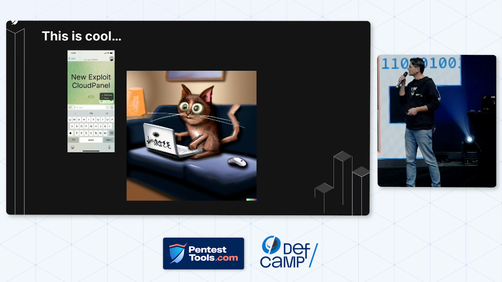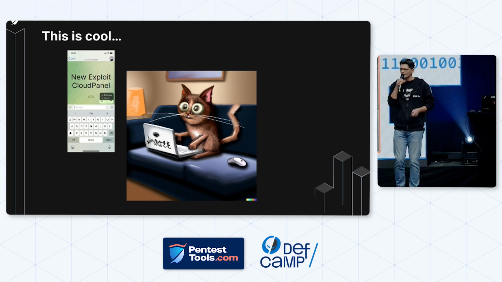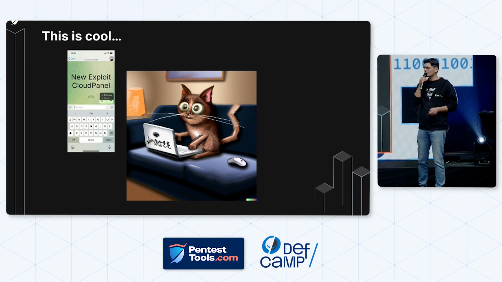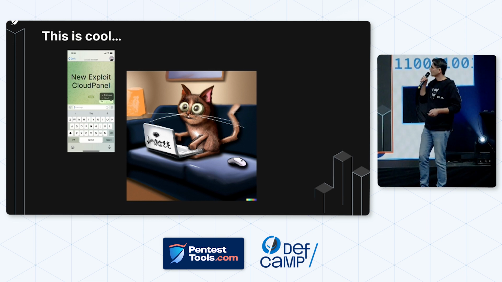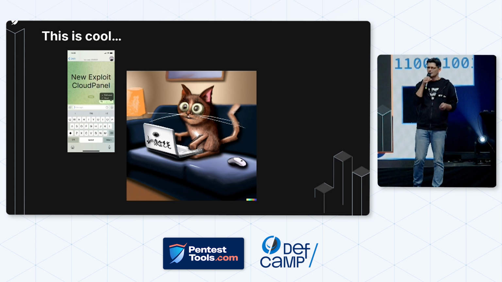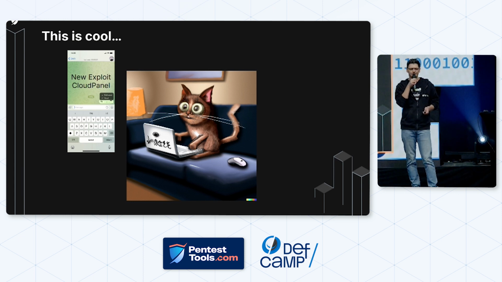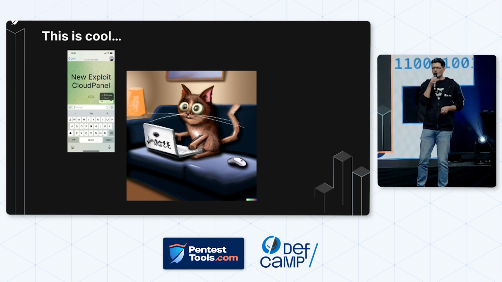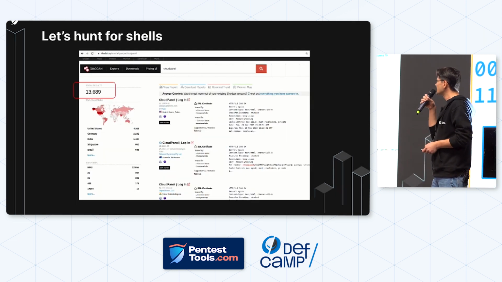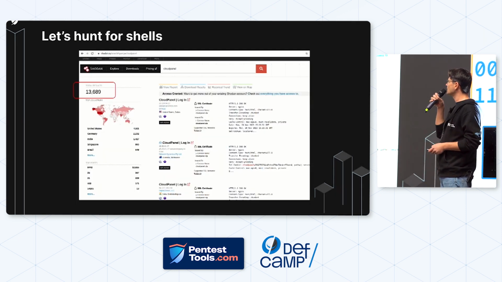And at some point on its Telegram channel, it found out about a fresh new exploit, which affected the software called Cloud Panel, and which allowed everybody to gain shell on this server with root access very easily. And now what does this kitten do? Let's start hunting for some shells.